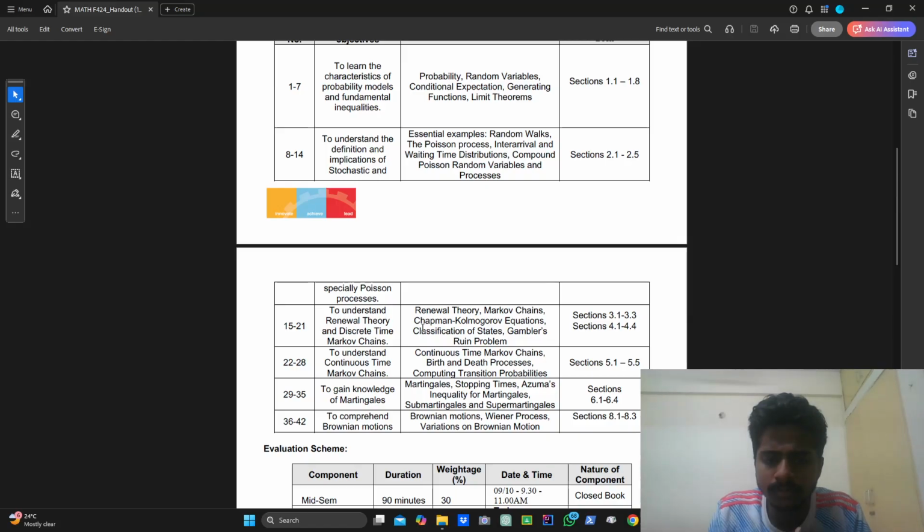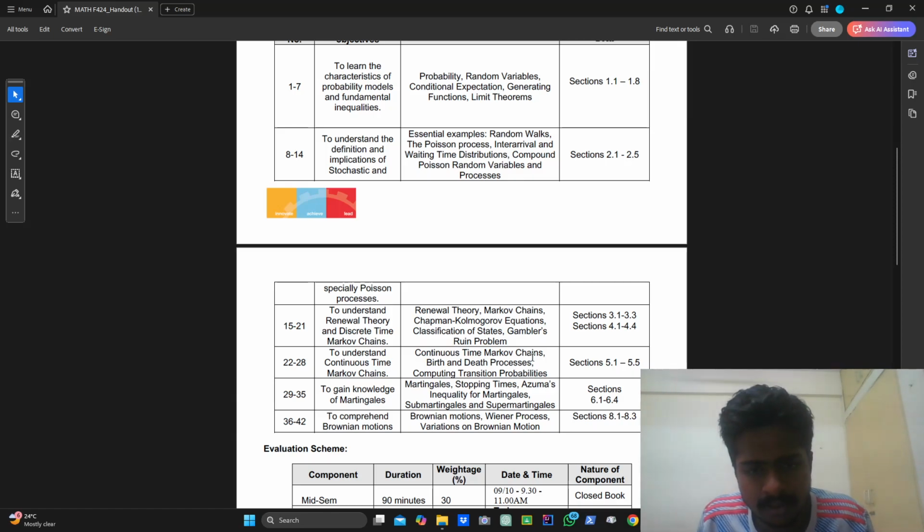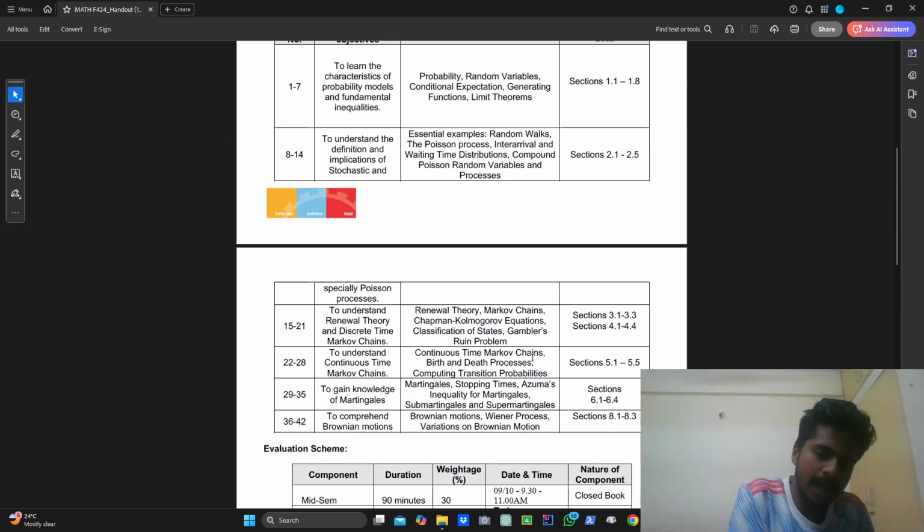After these things, the continuous time Markov chains are next on the agenda. So basically, when we study processes that evolve with time, we can either look at the process in discrete intervals, like the 0th second, first second, second second, third second, fourth second.